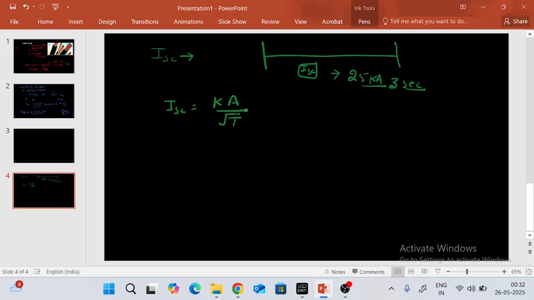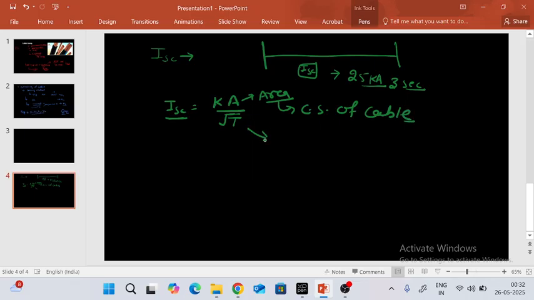What is ISC? ISC is nothing but the system short circuit current. What is K? K is a constant, and A is the area, the CS, cross section area of the cable.